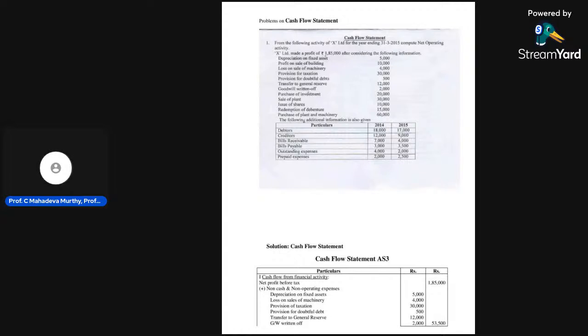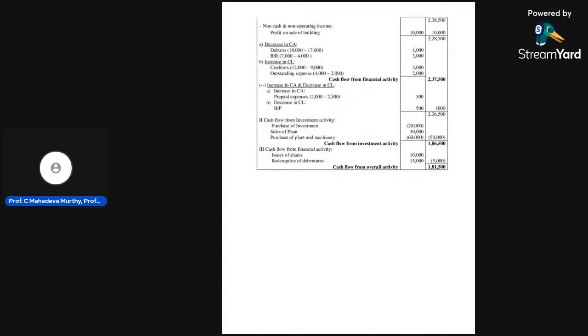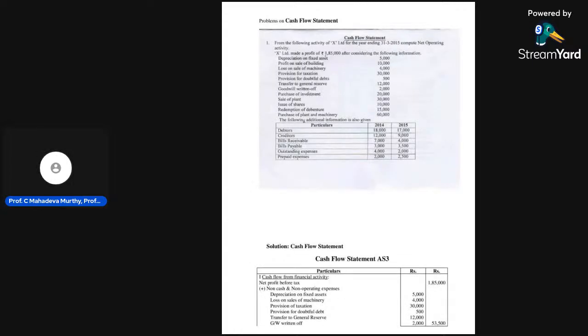three activities. In theory, we discussed cash flow from operating activity, cash flow from investing activity, and cash flow from financing activity. Here we prepare the cash flow statement as per Accounting Standard 3.